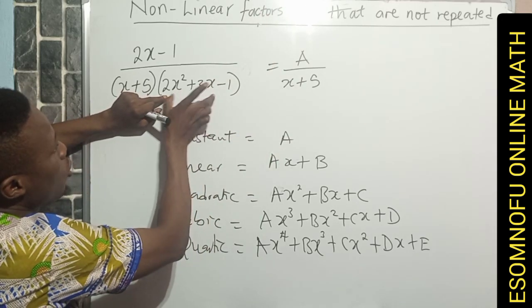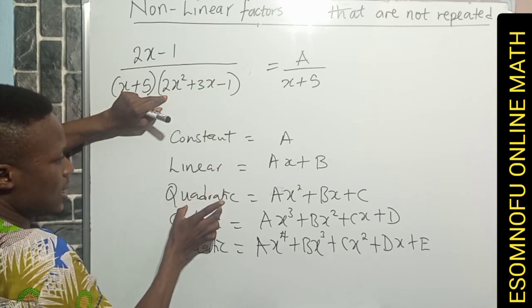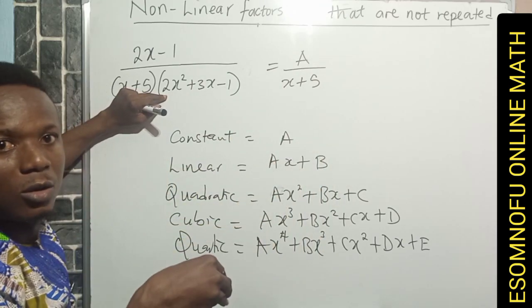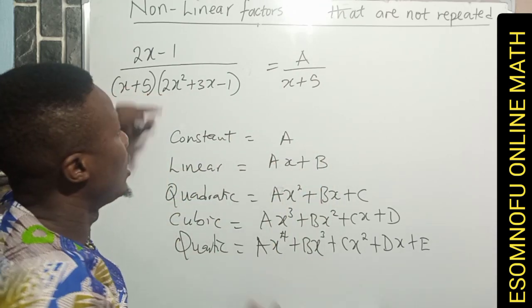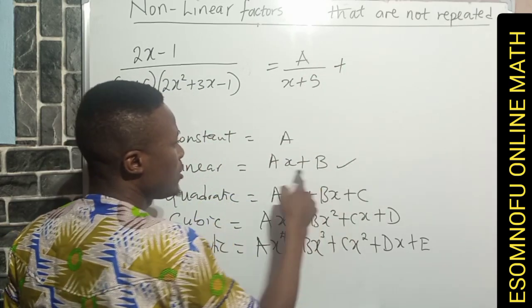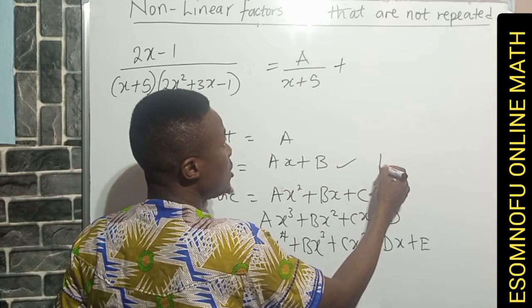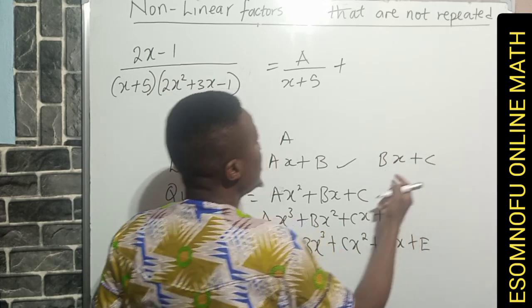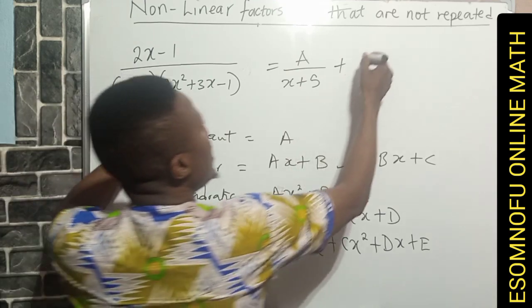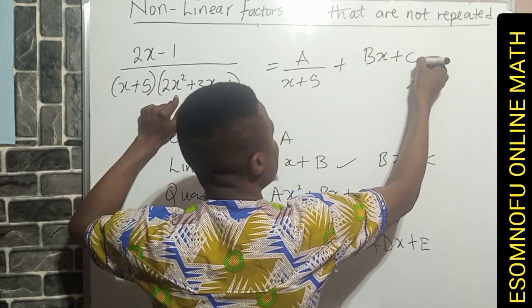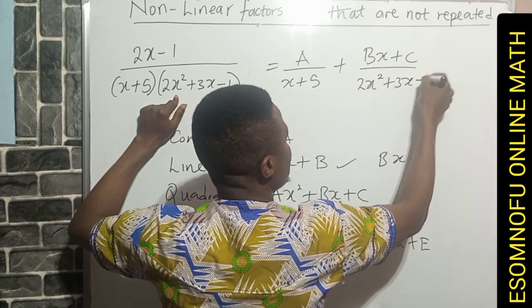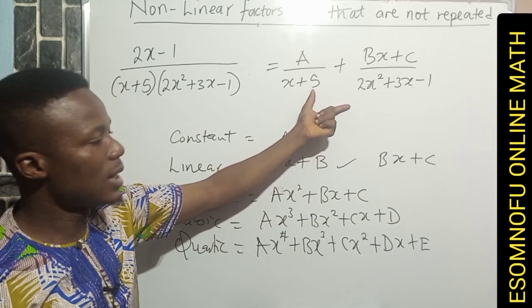Because I'm having a quadratic expression here, I have to use a linear expression in the numerator. It must be 1 less than the power. I have used letter A, so instead of using Ax plus B, I can use Bx plus C, because letter A has already been used. So coming here, I will call it (Bx plus C) all over (2x squared plus 3x minus 1). This is how it will look.